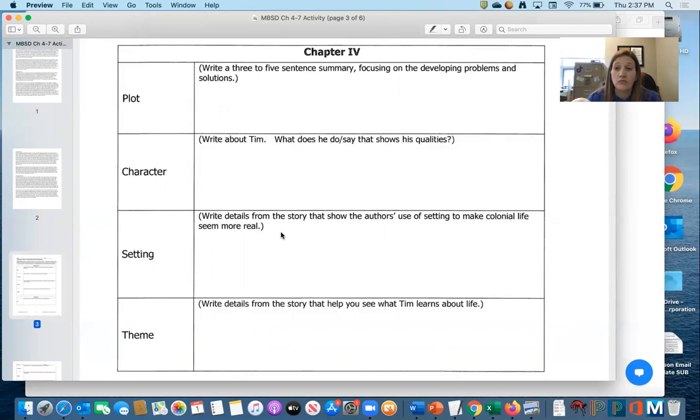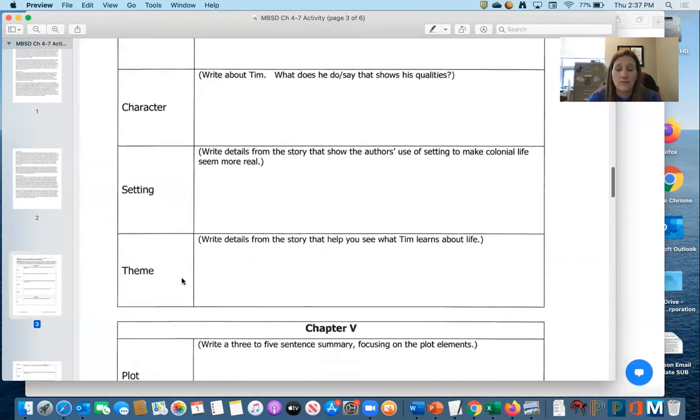Then they run back to the house or tavern, right? So they give different details about different places where they're at in their town. So tell me how that lets you know about colonial life. What are some things that happen during the chapter, okay? Theme, if you remember, theme are the lessons that you learn. So write details from the story that help you see what Tim learns about life, okay?